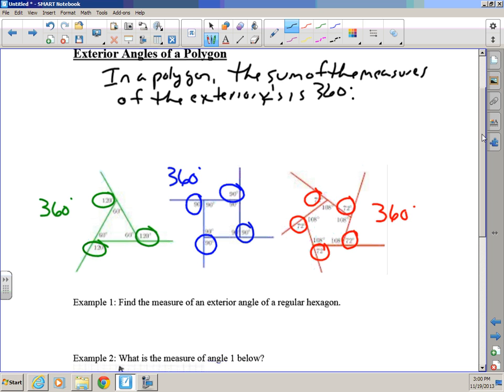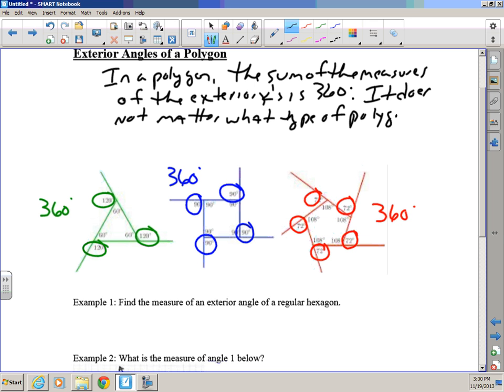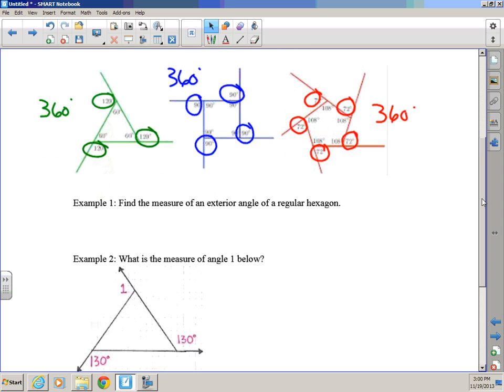That is it. It does not matter what type of polygon it is. Okay? It could be regular, non-regular. It's still going to be 360 in total.